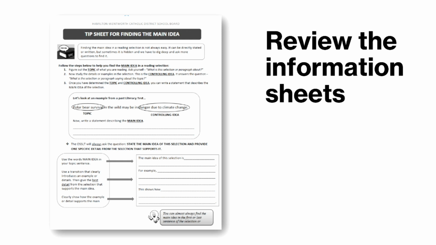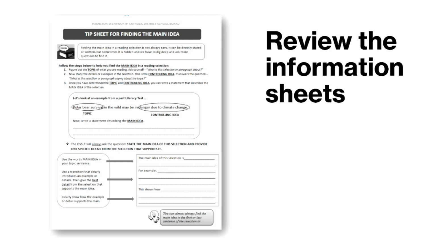Okay, so the OSSLT will always ask the question. So this is the short answer question on the OSSLT for the information paragraph. It will tell you to state the main idea of this selection and provide one specific detail from the selection that supports it. If you look at the box at the bottom of this sheet, it tells you how to structure that answer in order to get the most marks.